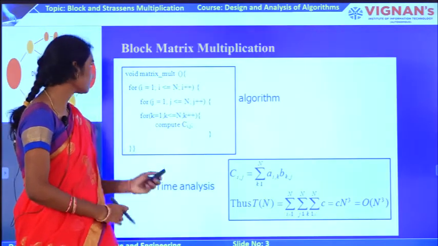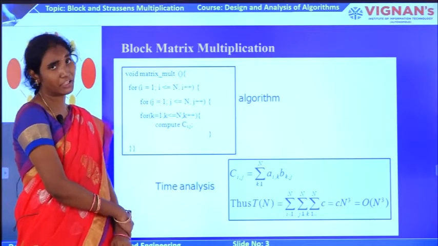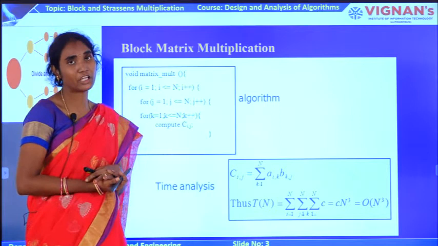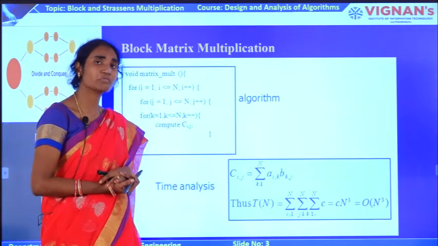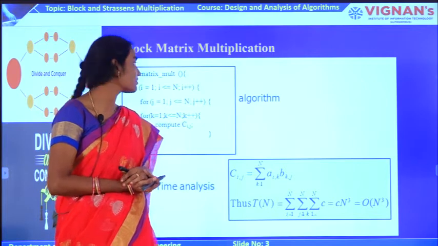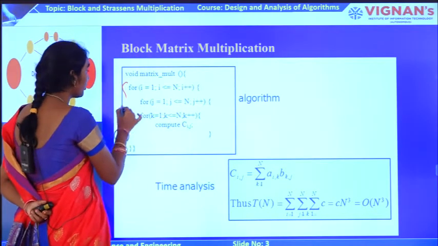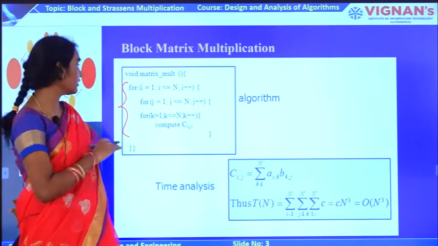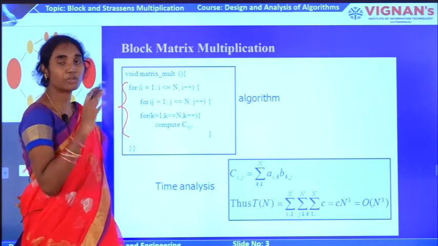Now, Block matrix multiplication. Till now the students have seen the matrix multiplication logic with 3 for loops, right? For i equal to 0, i less than m, i plus plus. I'm not showing you the complete algorithm, I am showing you roughly.